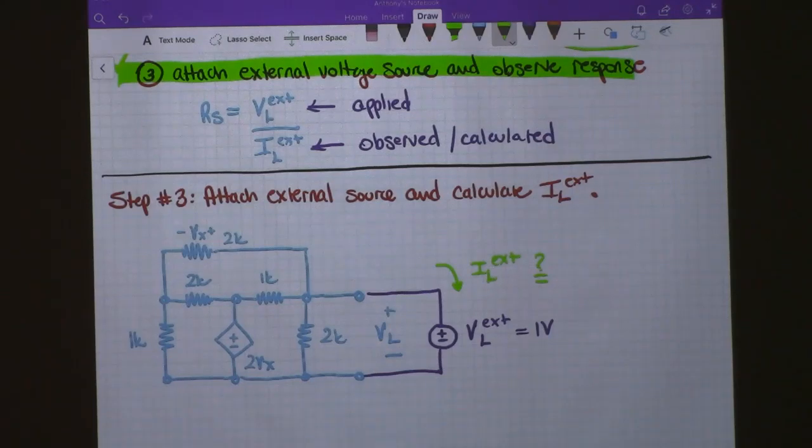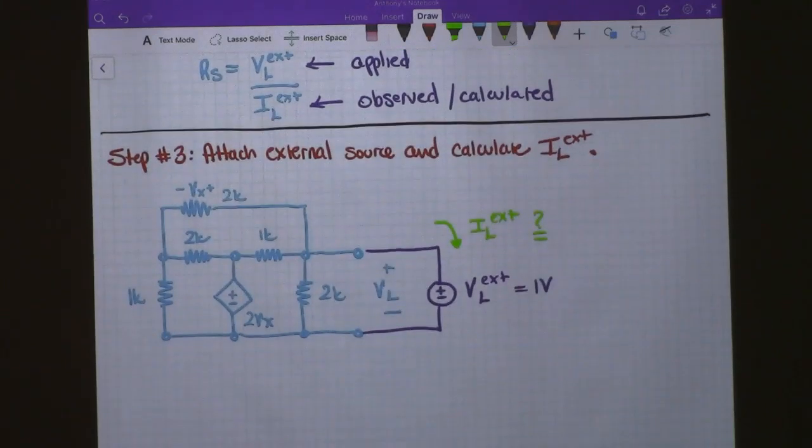I'm not going to do any more nodal and mesh analyses for you, because I'm sure you're all fed up with it by now. So I'm going to skip the work on this one, the mesh and nodal analysis. You know how to do it. I recommend that you take a look at it on your own. I'm going to flip the direction just because that's the way I did it.